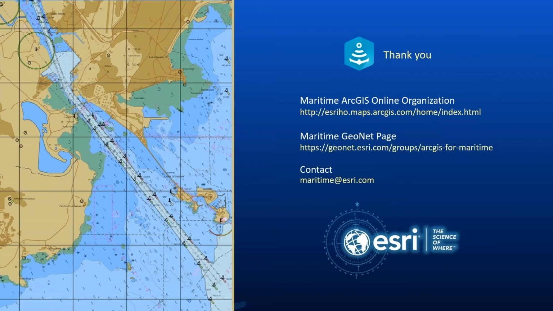Perfect, thank you. Next question we have here: can you do a dual product, S57 and S101, from the same database? I'll answer that in a couple ways. One of them is through geoprocessing tools, you can produce both. We have a converter geoprocessing tool, so you can export from your geodatabase to an S57 file.